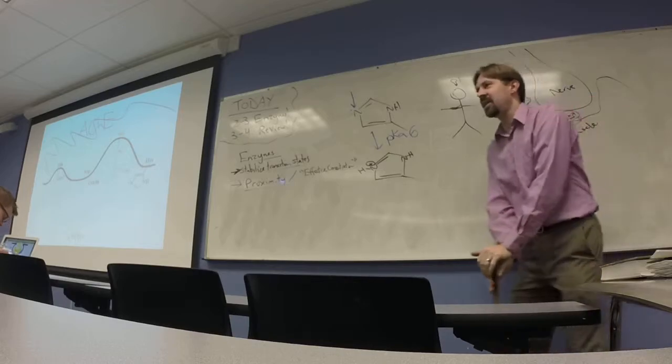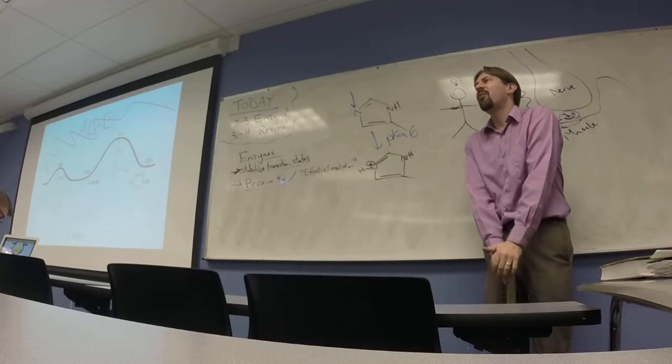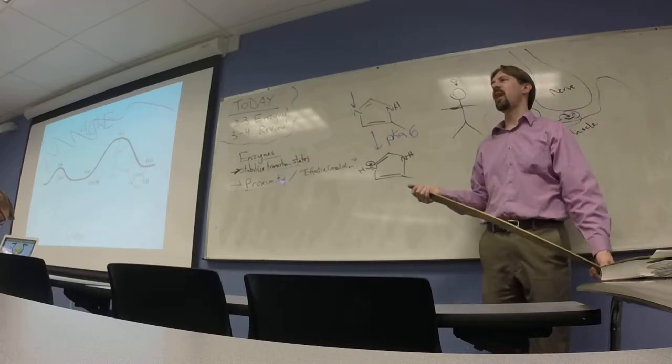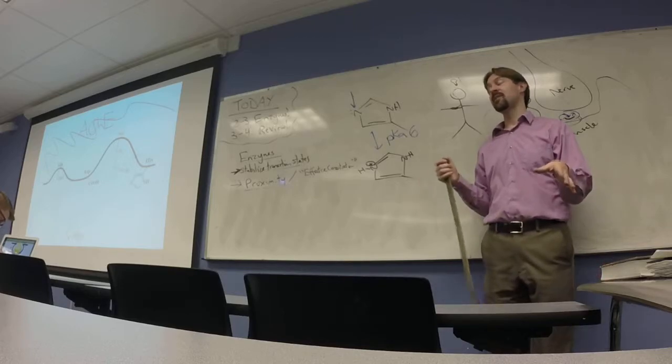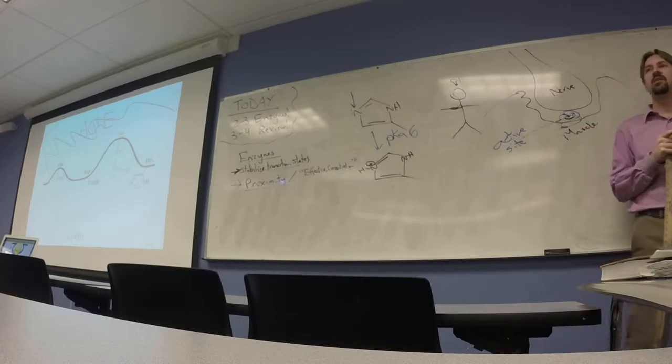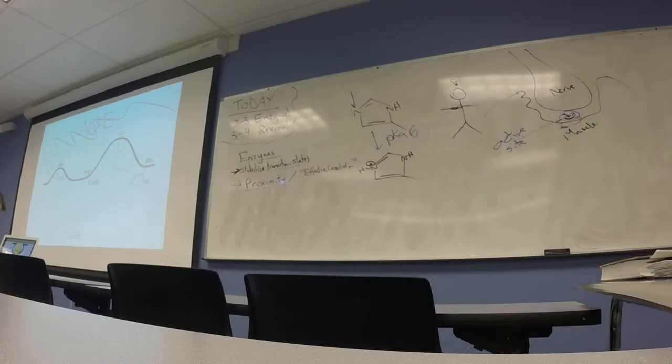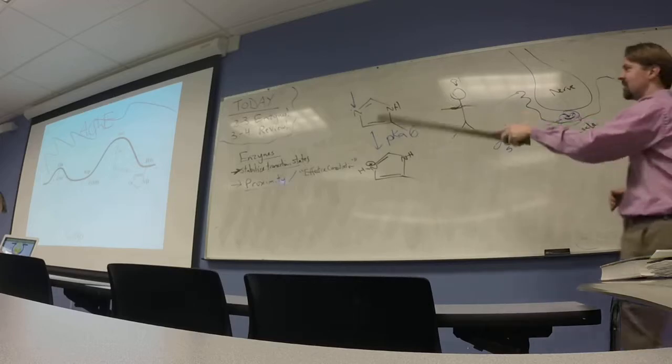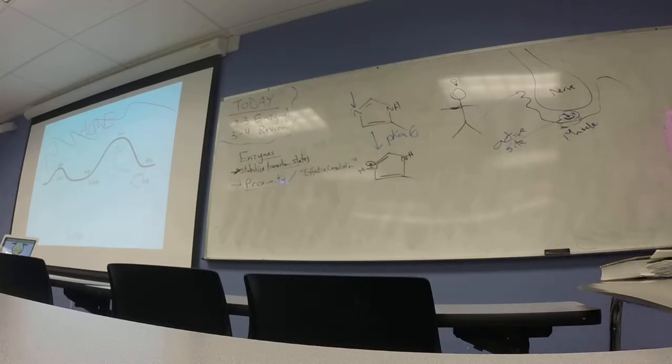I would estimate over half of all enzymes you will ever see in your life have a histidine in the active site. It's incredibly common because of that pKa that makes it really easy to donate or lose a proton under physiological conditions. Good stuff there?